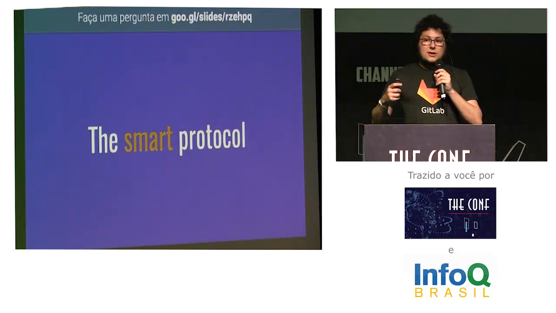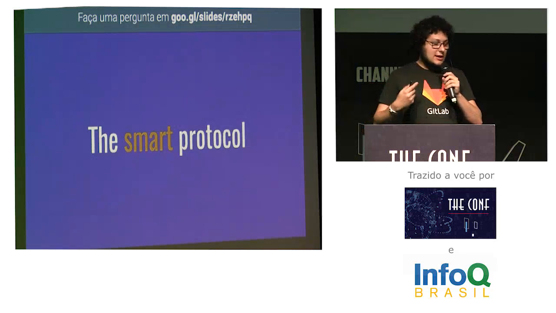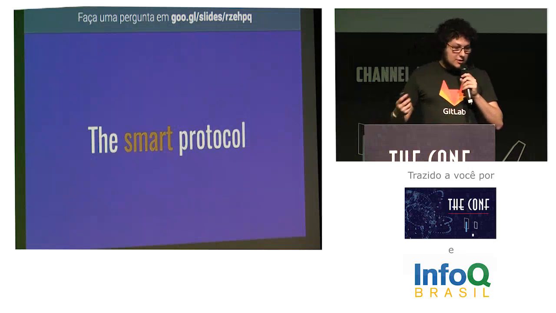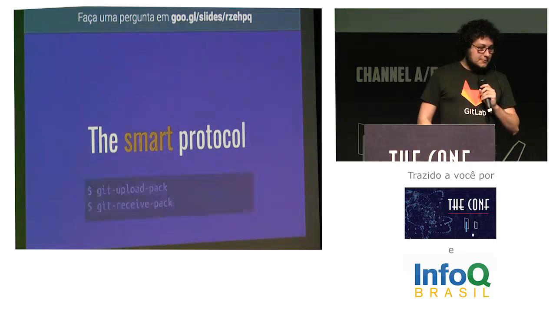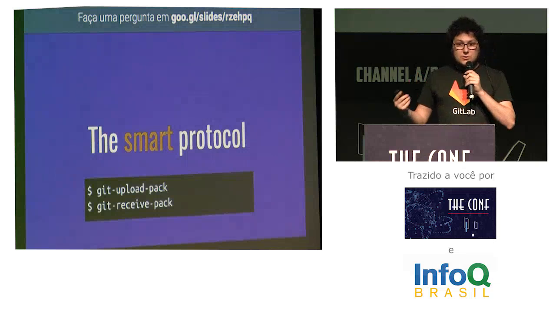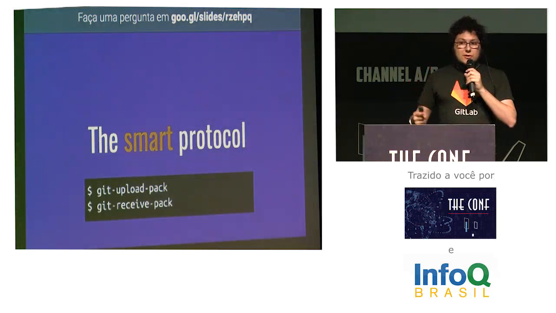You can start Apache pointing to a FastCGI file, and it will execute and enable the smart protocol. The same for Nginx and all the other servers. And behind the scenes, it uses the same two files that the SSH protocol uses. And it's doing RPC over HTTP.